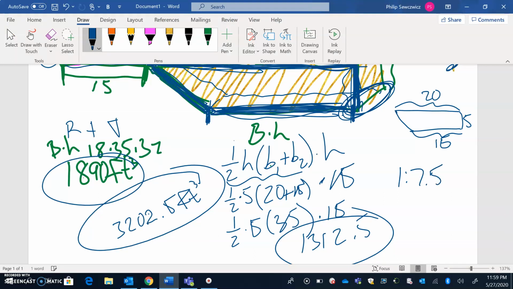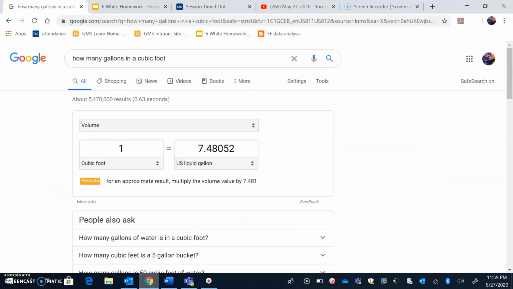But I've got cubic feet, and I've got 3,202.5 cubic feet. Now, the reason why I knew that went first is because when I went back over, I can see here the cubic foot was the 1, and the gallons was the 7.5.